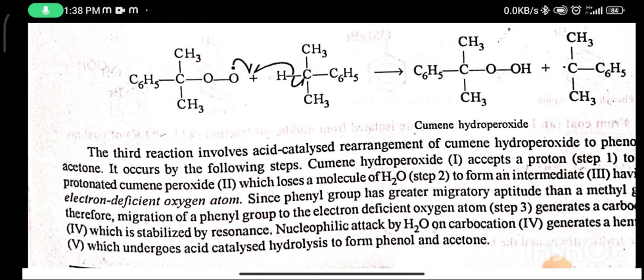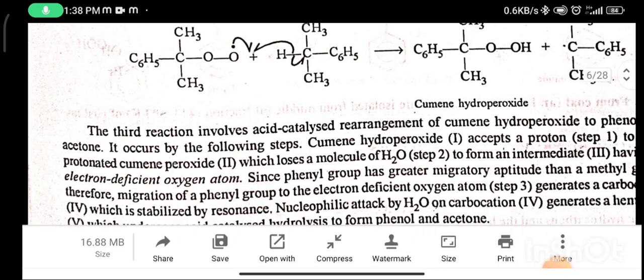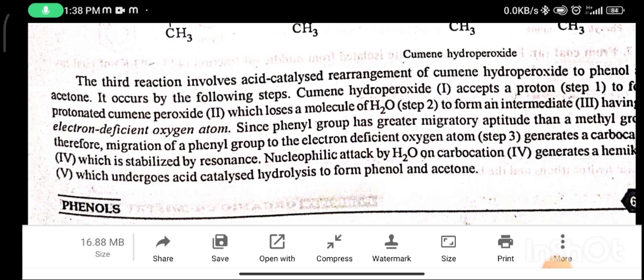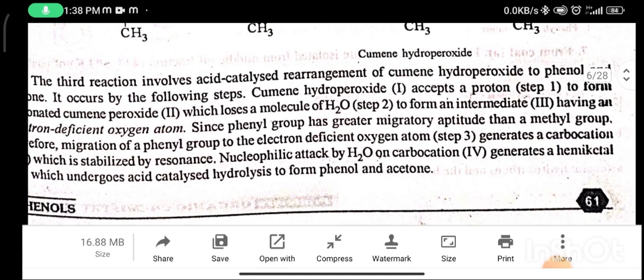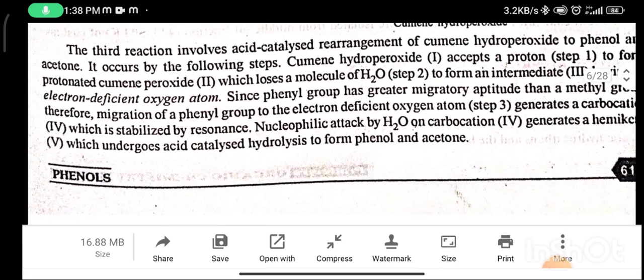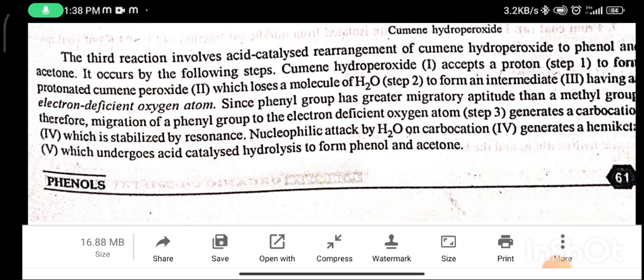The third reaction involves acid catalyzed rearrangement of cumene hydroperoxide to phenol and acetone. It occurs by the following steps. Cumene hydroperoxide 1 accepts a proton, step 1, to give protonated cumene peroxide 2, which loses a molecule of water, step 2, to form an intermediate 3 having an electron deficient oxygen atom. Since the phenyl group has greater migratory aptitude than the methyl group, migration of the phenyl group to the electron deficient oxygen atom, step 3, generates a carbocation, step 4, which is stabilized by resonance.